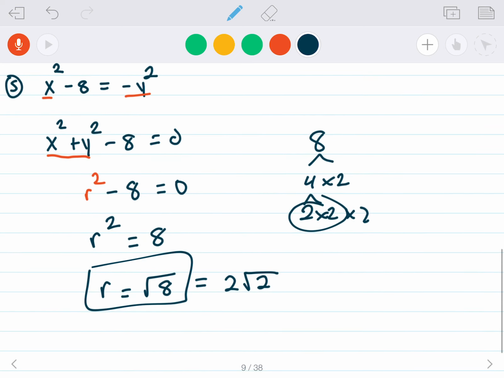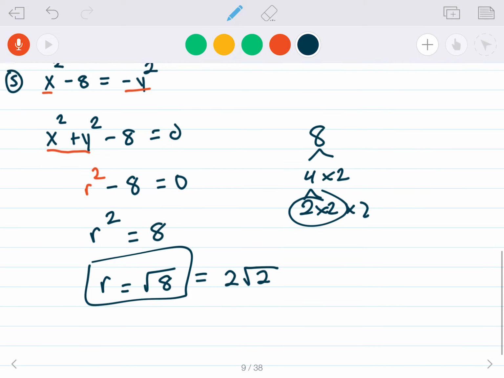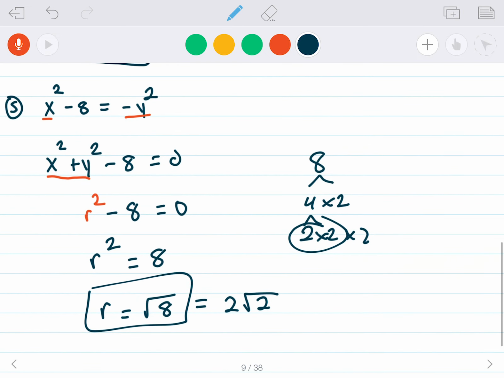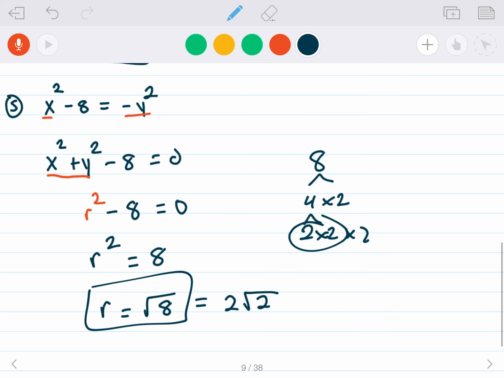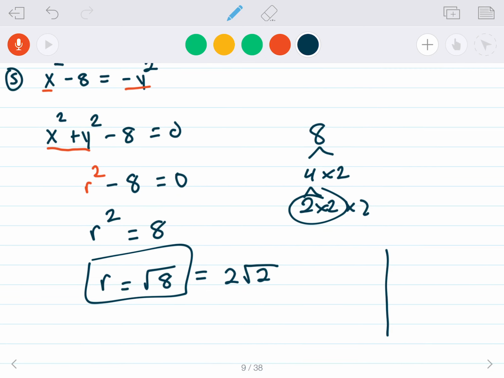So this is just a circle centered at the origin with radius root 8. Yeah, that's pretty much it. So the region just looks like this. And remember, when we have r by itself, we're just talking about this boundary. We're not talking about the inside stuff. So this is a circle with r equals radical 8.